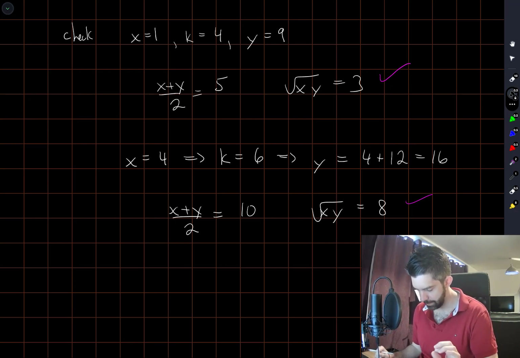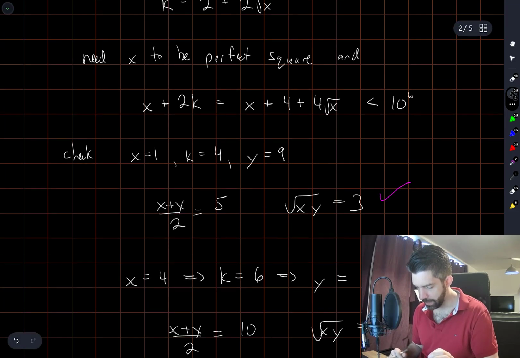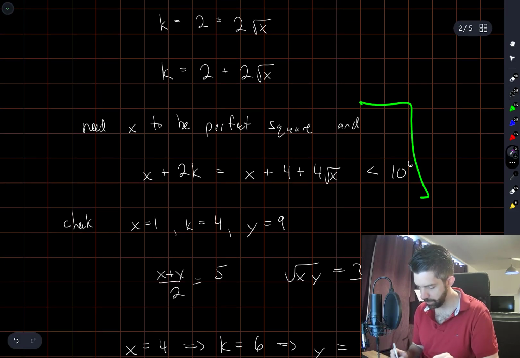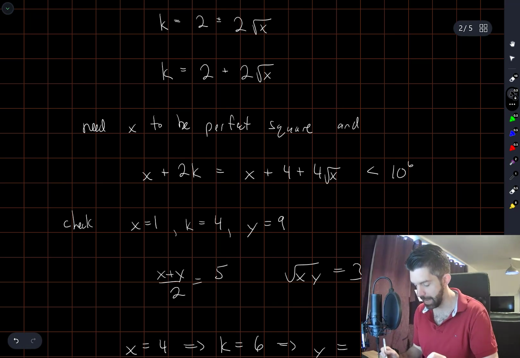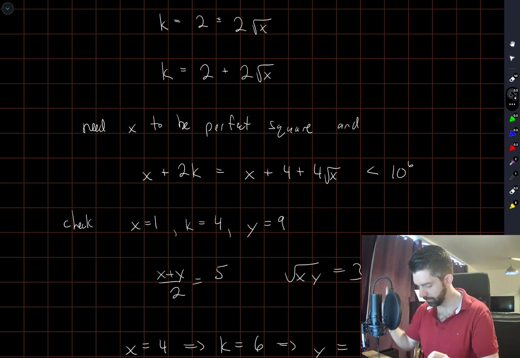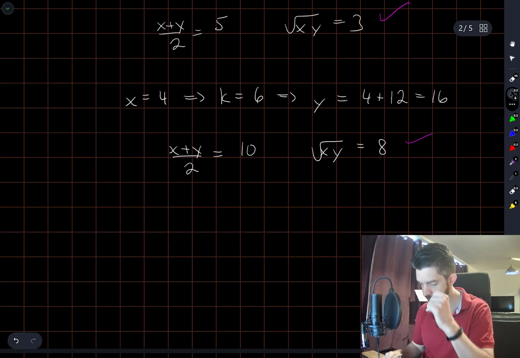Okay, so now I think the best way to figure out how many perfect squares satisfy this is to treat this as a quadratic equation in root x, solve for root x, and then take the first perfect square below whatever we get.